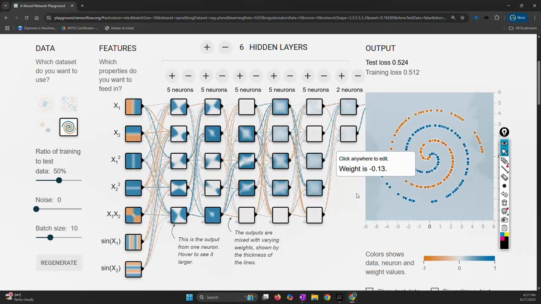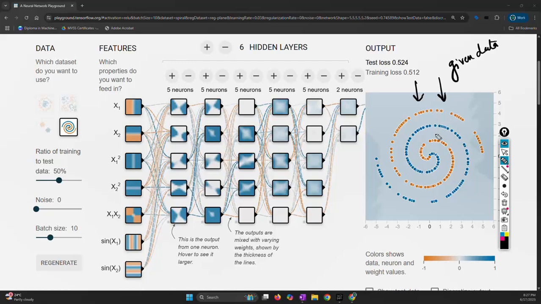Suppose we have this data set in front of us. This is the given data. We want the machine to understand and learn about this given data. What exactly do we want? Suppose I put a dot here. You tell me which color this should be.